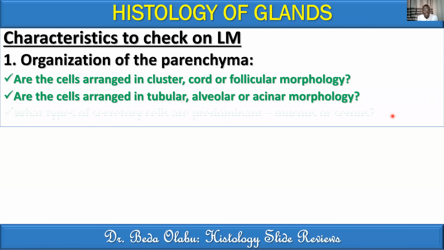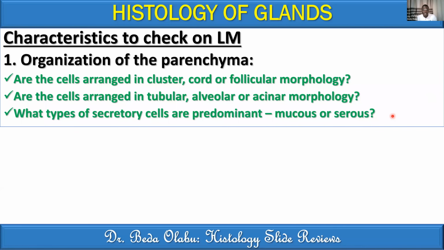The other thing that you are required to check, and this one is important, is this: when you've determined that the parenchyma of that gland is consistent with an exocrine gland, and especially for the acinar morphology, it is important that you check how those secretory cells, the cells in the secretory portion, are staining.